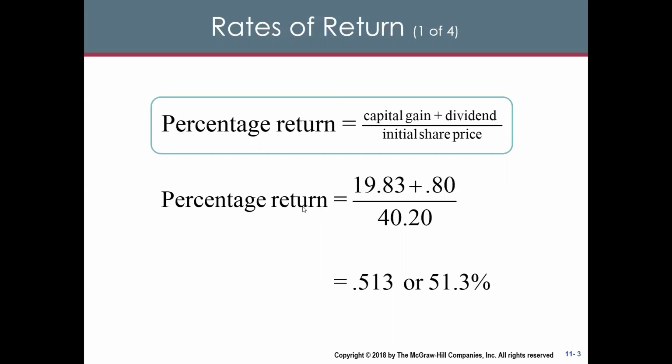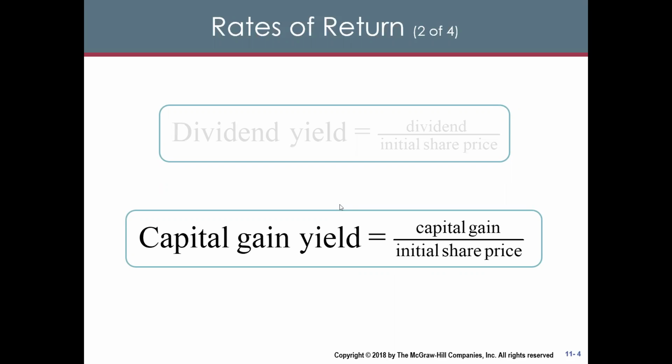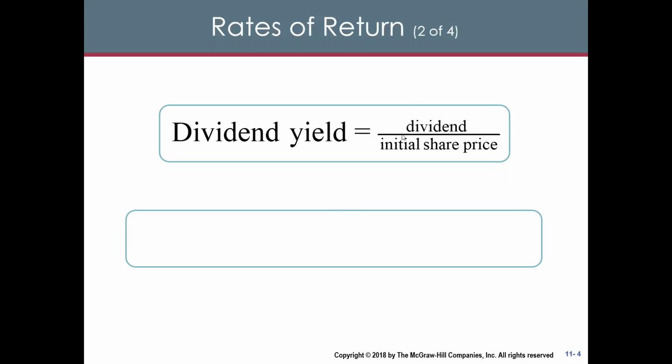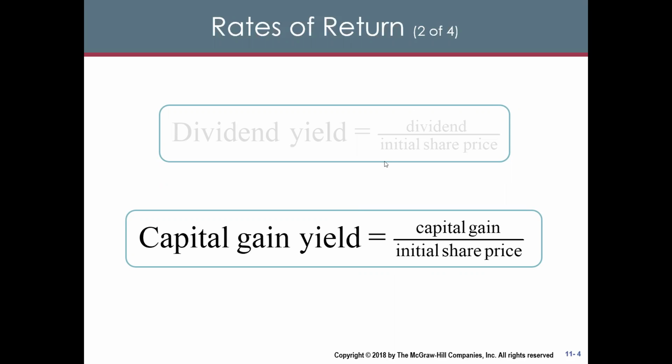There are two parts to this return: the dividend yield, which is the money you gain from the dividend, so the dividend divided by the initial stock price, and the capital gain yield, which is the stock price increase divided by the initial stock price. If the stock price decreased, then the capital gain can be negative.